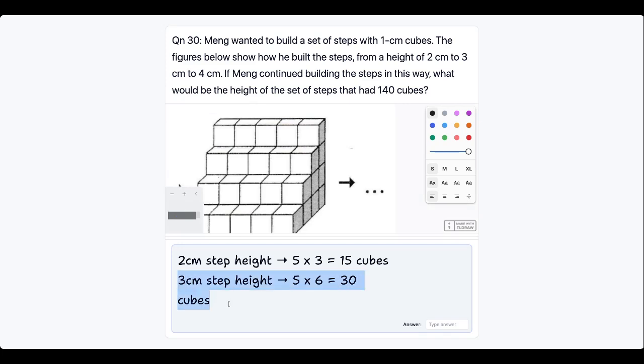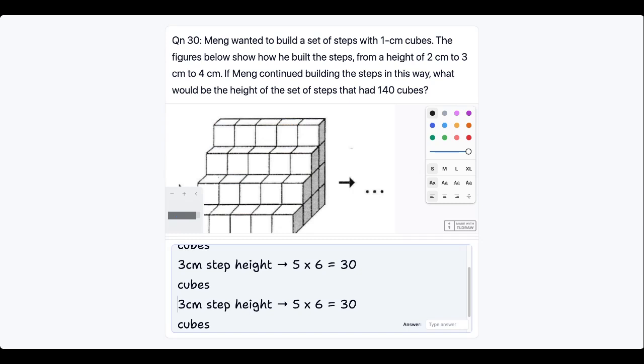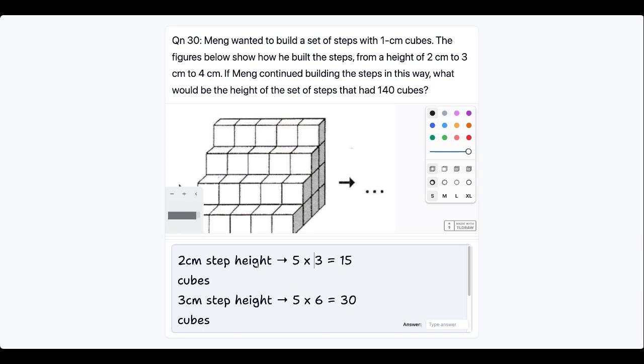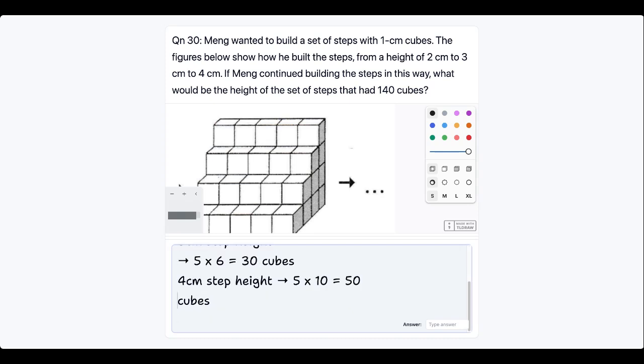4 centimeter step height will be 1, 2, 3, 4, 5, 6, 7, 8, 9, 10. So 5 times 10 will be 50 cubes. That's what you see over here, right? So let me just put like this, and then so from 15 to 30 to 50.